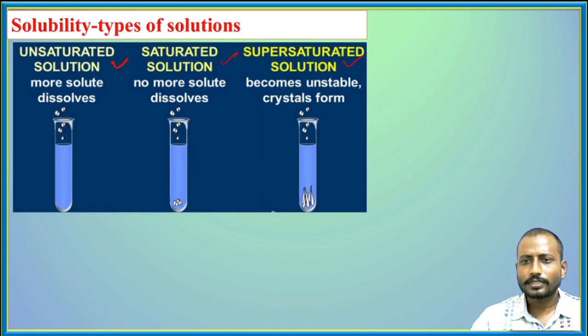All these definitions are valid at a constant temperature. But supersaturated solutions are unstable and they are going to separate into solid and solvent. So crystallization is going to take place either in saturated solutions or in supersaturated solutions.